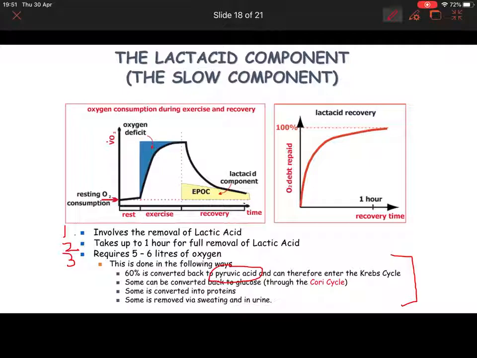If there is no oxygen present or limited oxygen availability, then lactic acid will start to accumulate. So if you're getting more oxygen in your lungs during recovery, you're able to reconvert that lactic acid into pyruvic acid, and therefore it can be broken down in the Krebs cycle, and you're resynthesizing more energy. Okay, hopefully that helps a little bit with EPOC.